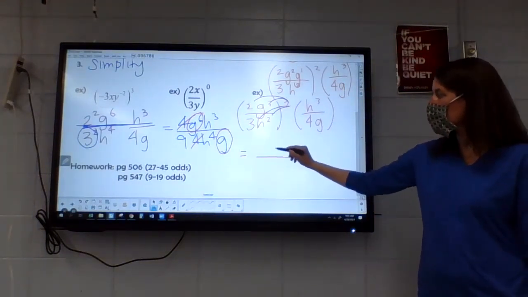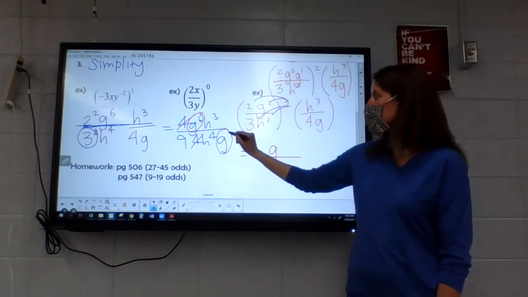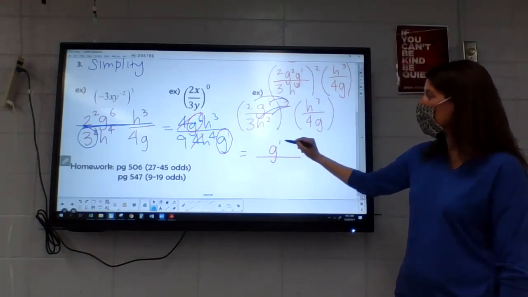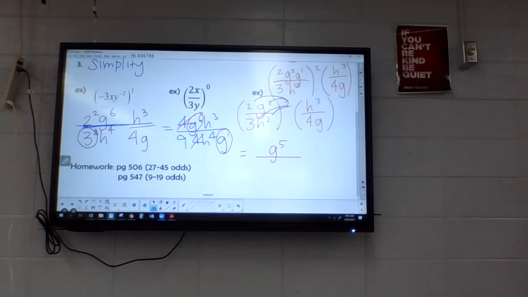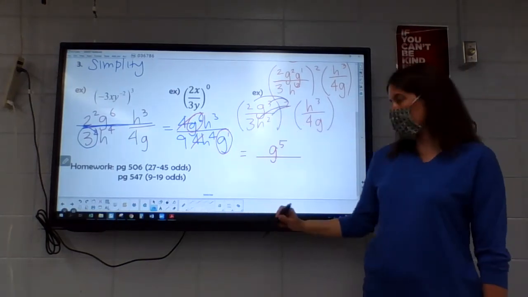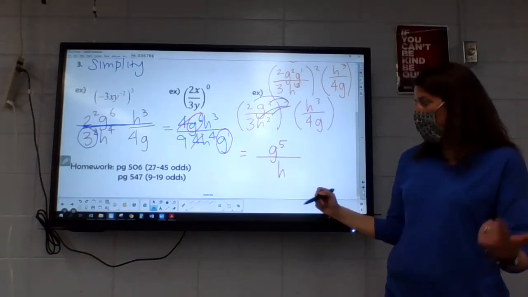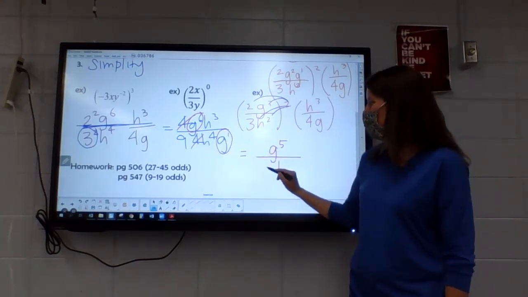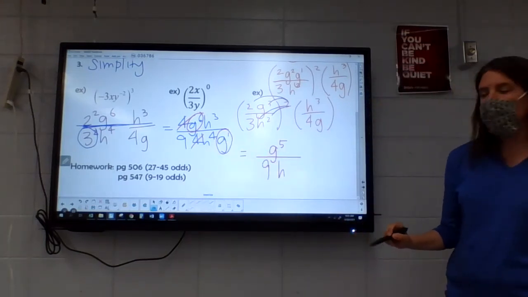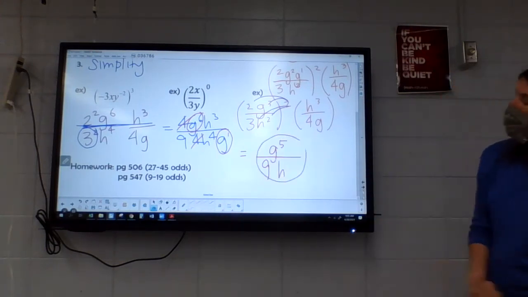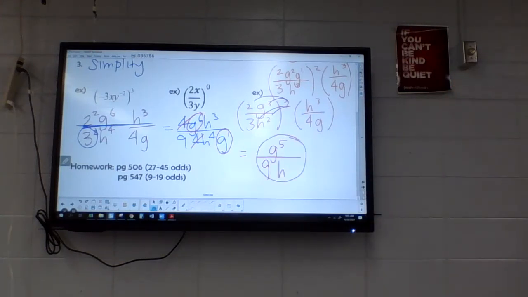Top, how many? 5. There's 6 and then just 1 on the bottom, so 5. Okay? The H's, there's 3 on the top, 4 on the bottom. So 1 H on the bottom, and then there's just a 9 down there as well. That's what it ends up being.